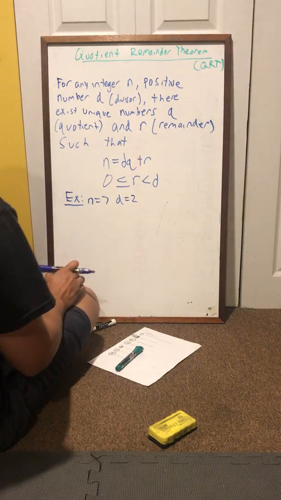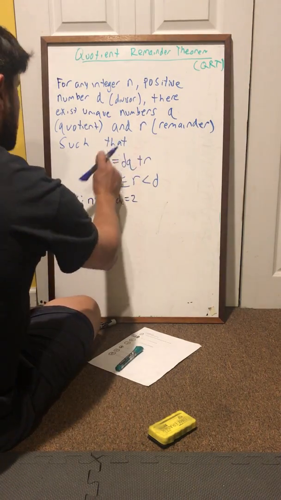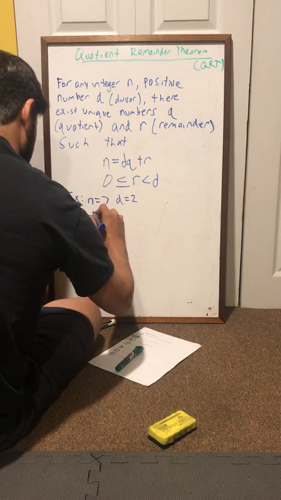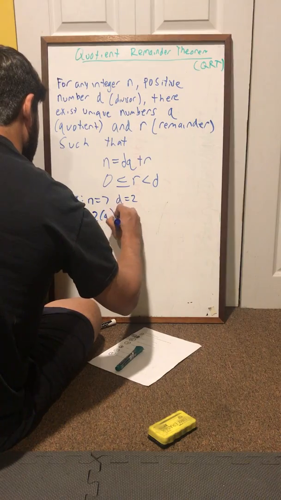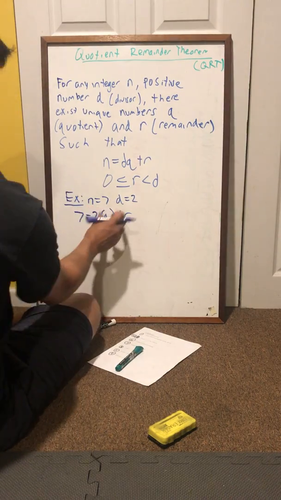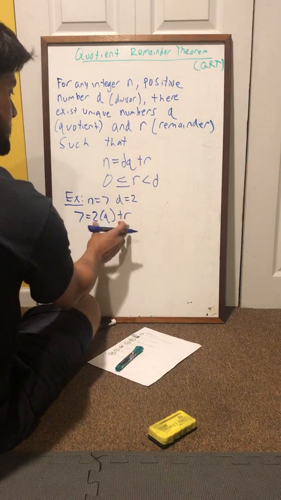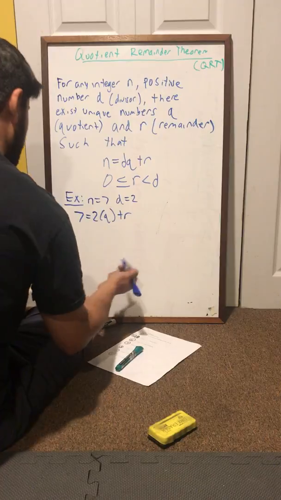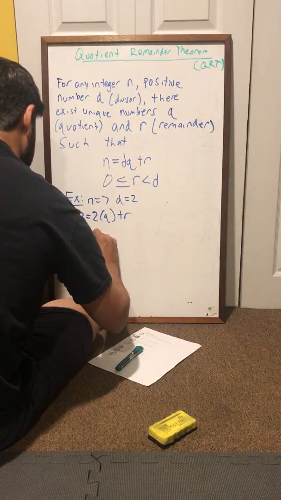So now substituting in these values, 7 equals 2 times q plus r. This is a simple example, but in order to find this, we could do some long division.